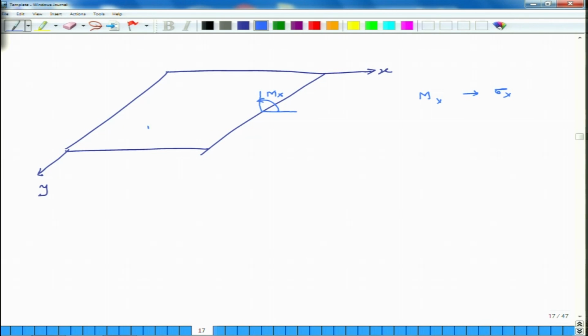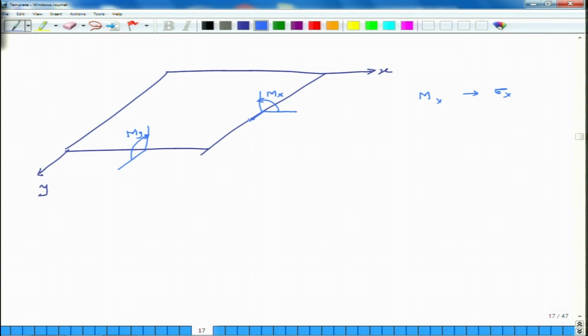Similarly, let us see how My acts. This is the convention for positive My. Finally, we will look at Mxy.